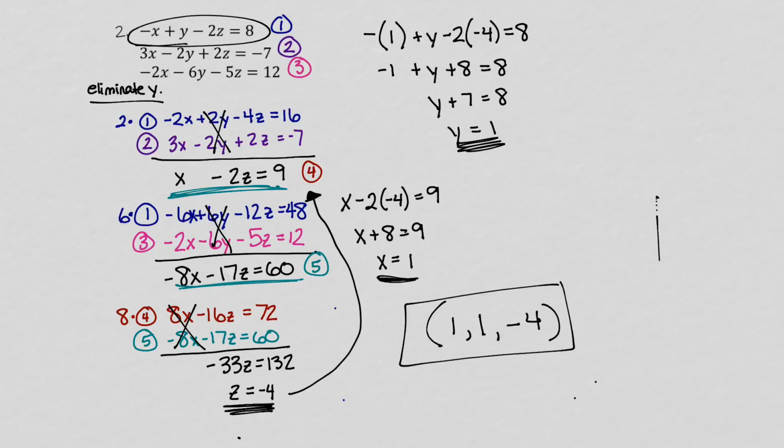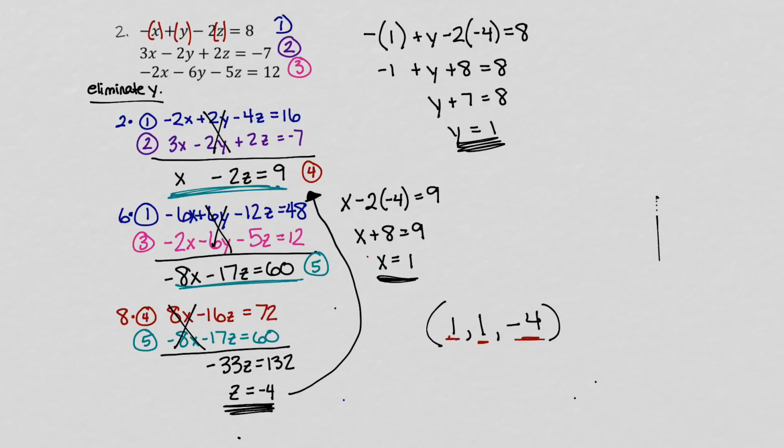And for these problems, if you're not sure your answer's right, you can always plug it in and check. In my calculator, that would be the fastest way to do it. I would type in the negative, then what I said x is, plus what I said y is, minus 2 times what we said z was, push enter, and you should get 8.